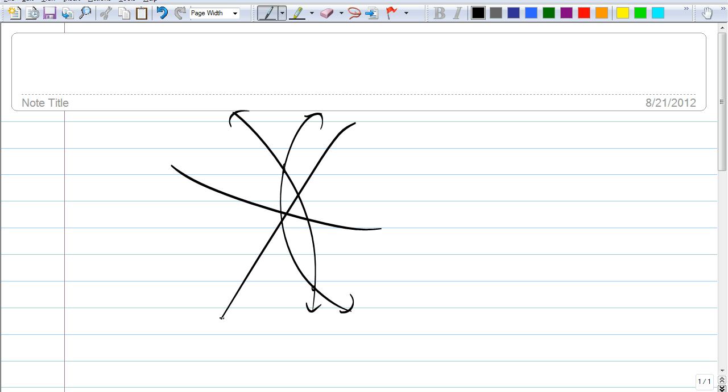So when the two lines intersect, it's always a point, right? Not quite. What if the two lines are on each other? What if the two lines are the same line? Here's a line, here's the other line right here. Yeah, it's the same line. That's right.